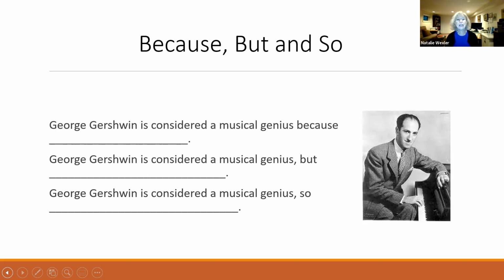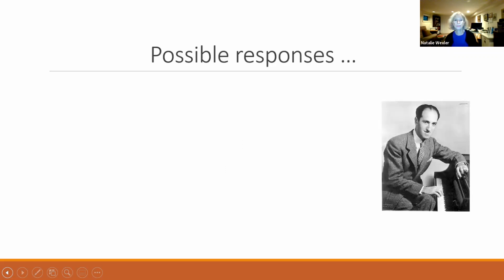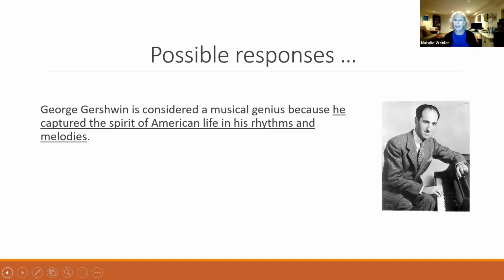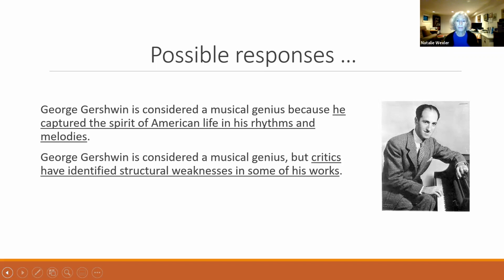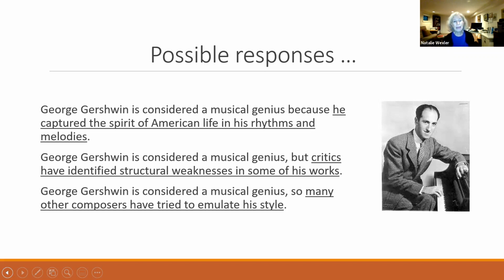There are different ways that students could finish these sentence stems, but here are some examples. Because he captured the spirit of American life in his rhythms and melodies. But critics have identified structural weaknesses in some of his works. So many other composers have tried to emulate his style.